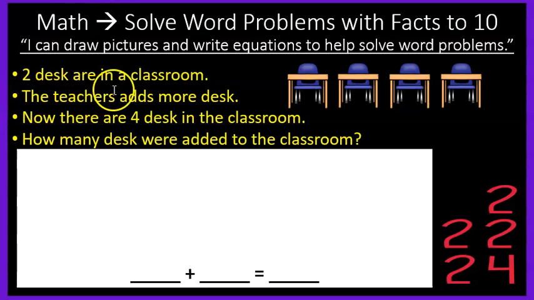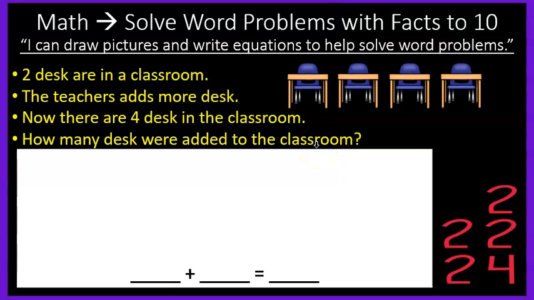The teachers add more desks. Let's read the next one. Now, there are 4 desks in the classroom. Now let's read the question. Here we go. How many desks were added to the classroom?